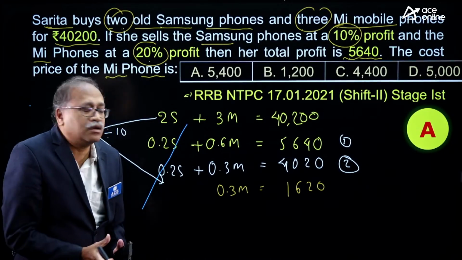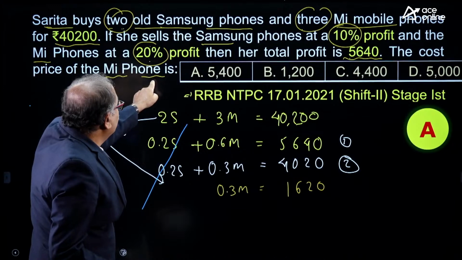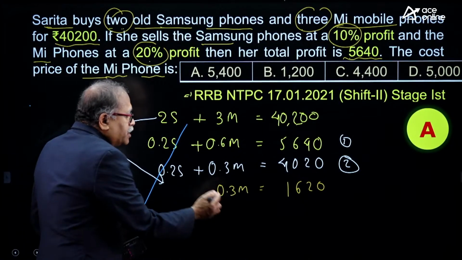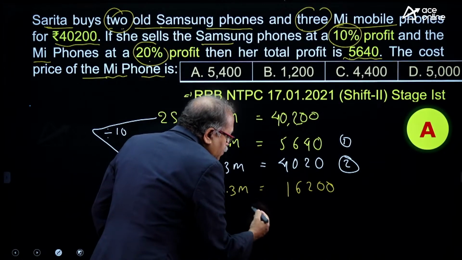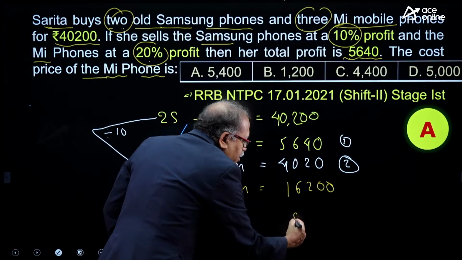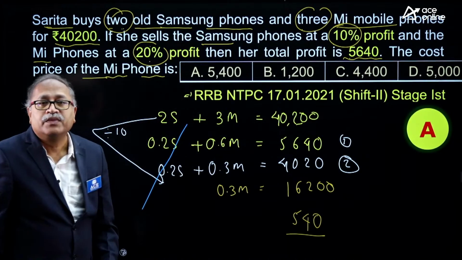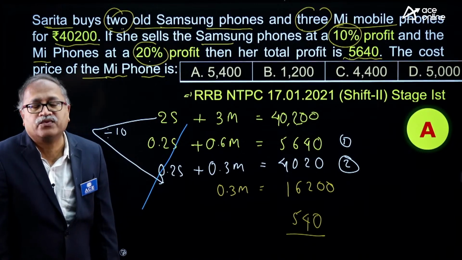So I need the one MI phone price. What is the cost price of one MI phone? Let's simply cancel this, I will place the 0 with 3. When I cancel this, I will get M is equal to 3, 5, 15, 3, 4, 12 followed by 10. 540 is the cost price of one MI phone.